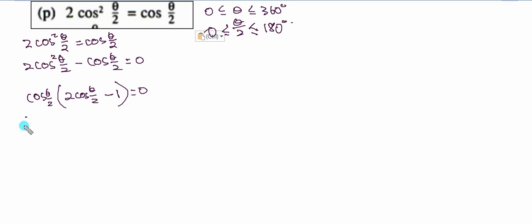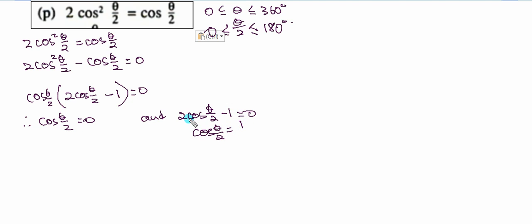Okay, now therefore cosine theta over 2 is equal to 0 and also 2 cosine theta over 2 minus 1 is equal to 0. Therefore cosine theta over 2 is, bringing the minus 1 to the other side, then divide by 2. Okay, so you have two sets of basic angle and then two sets of answer to find.